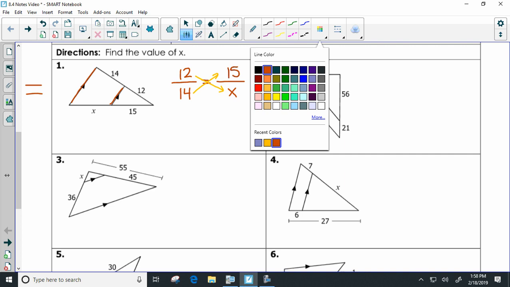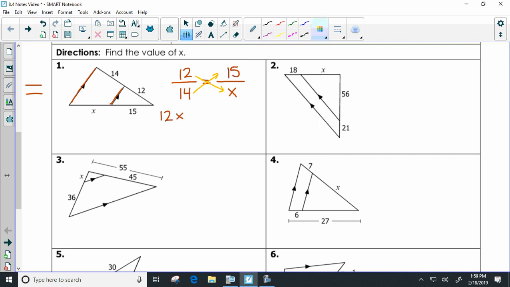So 12 times x is 12x. 14 times 15 is 210. Divide both sides by 12. 210 divided by 12 is 17.5. So x is 17 and a half.